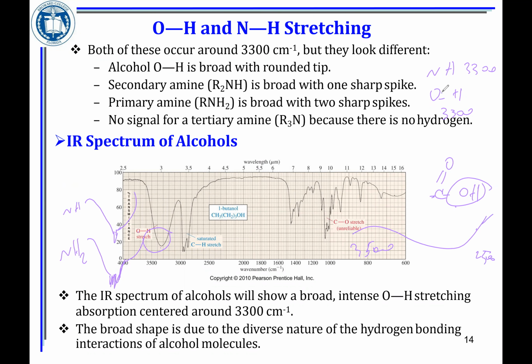The other indication is that if you're dealing with carboxylic acid, you have OH, and you also have a CO double bond. So you would have this peak plus a peak at approximately 1700, okay? So you have two peaks, one for OH, one for CO double bond.